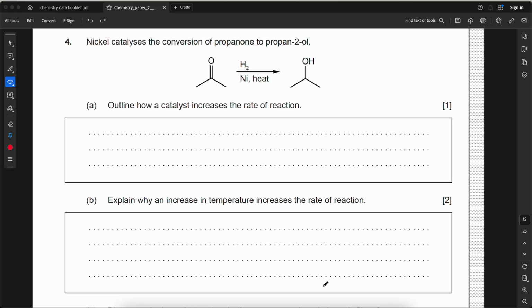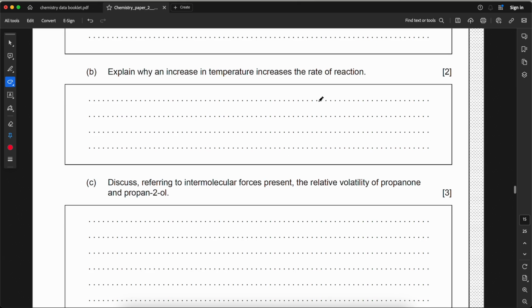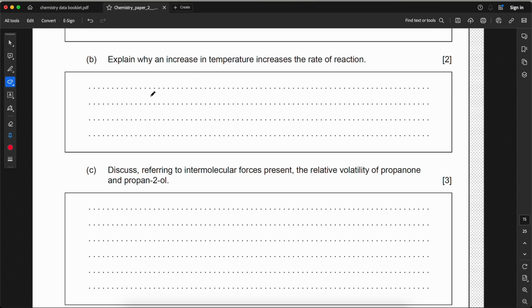Nickel catalyzes the conversion of propanone to propan-2-ol. Outline how a catalyst increases the rate of reaction. It provides an alternative pathway and lower activation energy. Explain why an increase in temperature increases the rate of reaction.